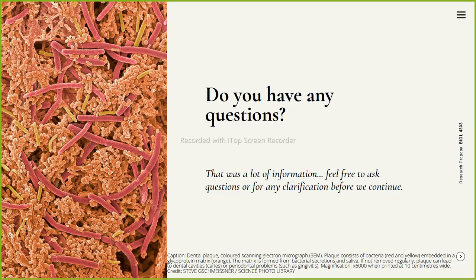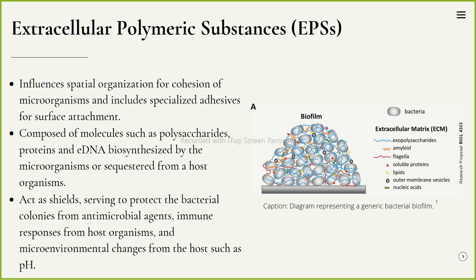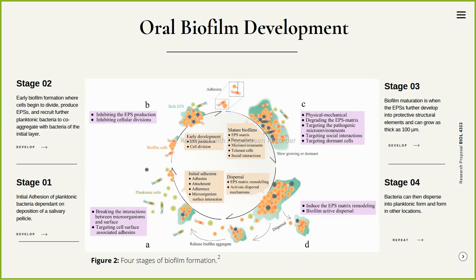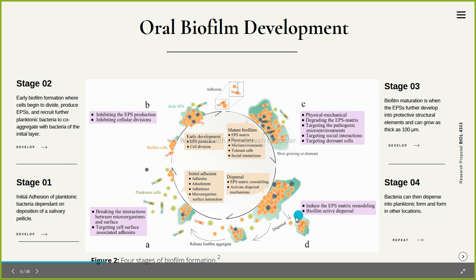Yeah, well, if we go back to the slide that is talking about the stages of biofilms, you can see that there's a part where they disperse and they're fully encapsulated by the extracellular matrix.